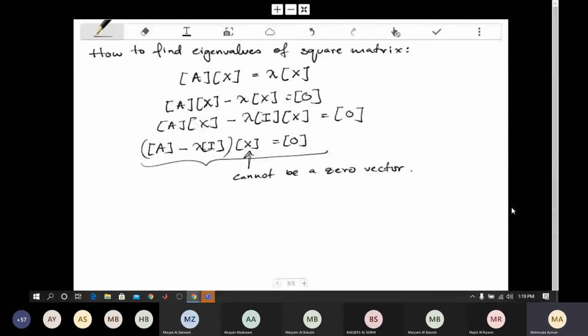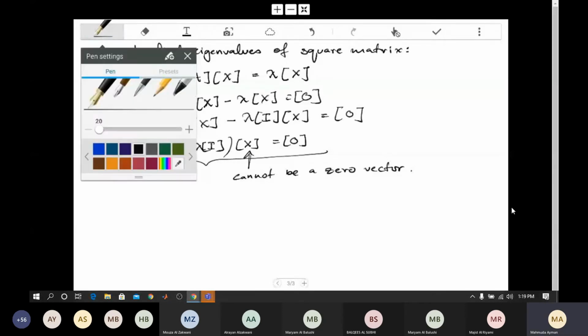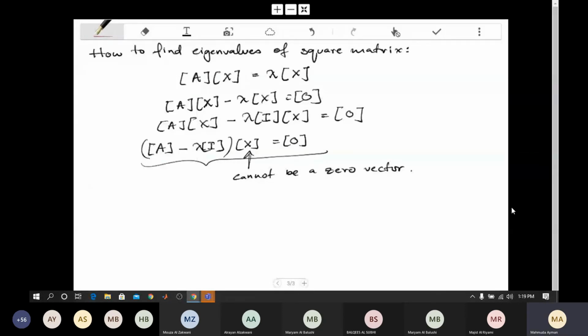Let's say it is invertible. So let's say that this matrix here, so let me take a different color here, is invertible. So if this is invertible, in that case we can multiply the inverse of this matrix to both sides.